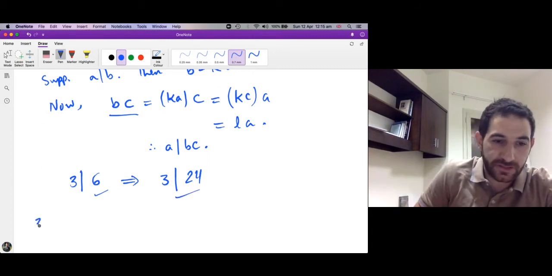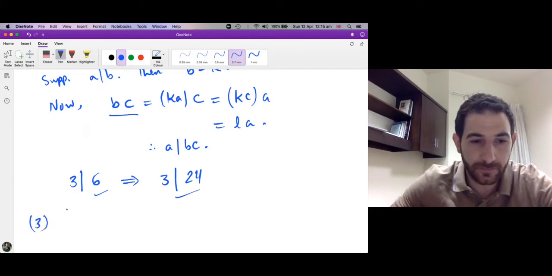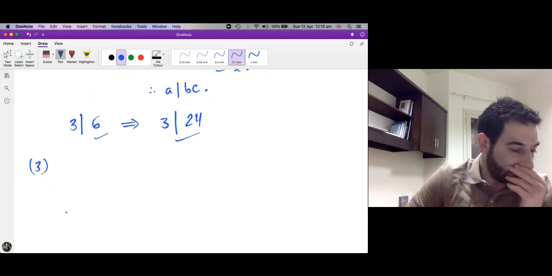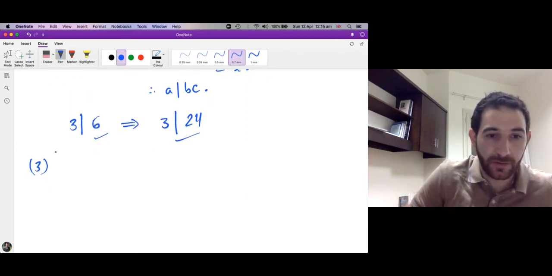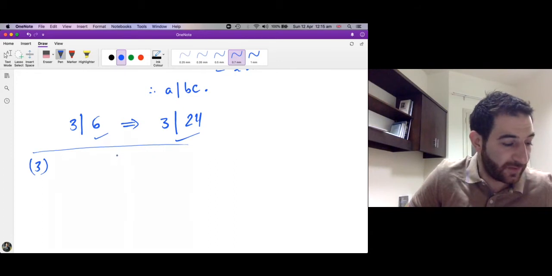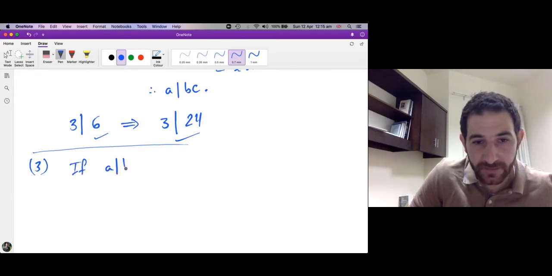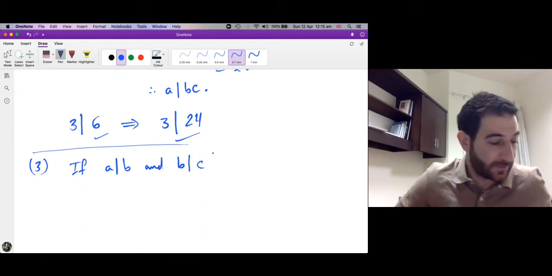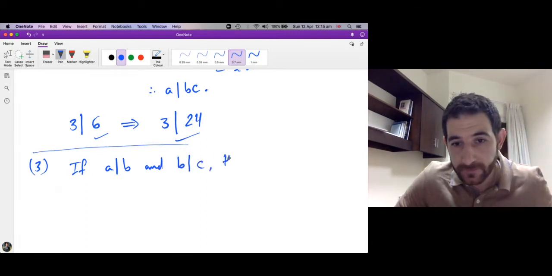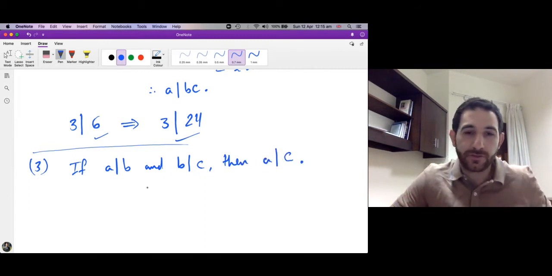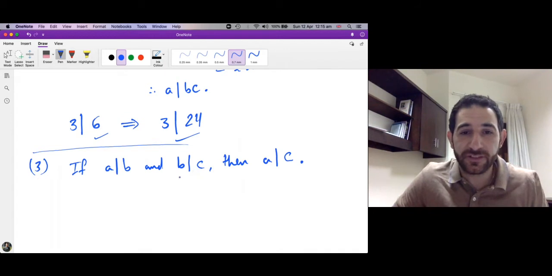Now let's check the third property of the theorem. It says that if A divides B and B divides C, then A divides C. This is called transitivity of divisibility.